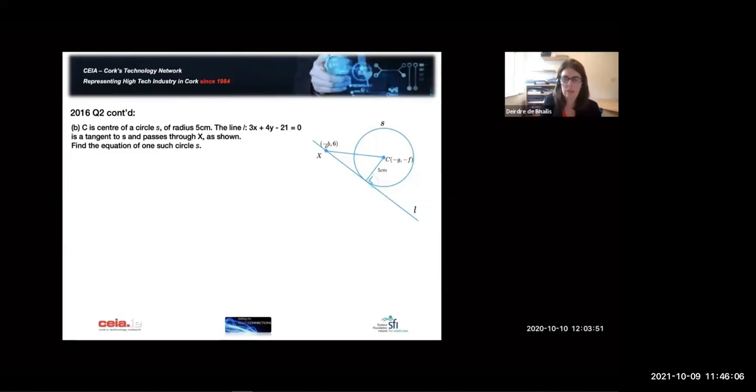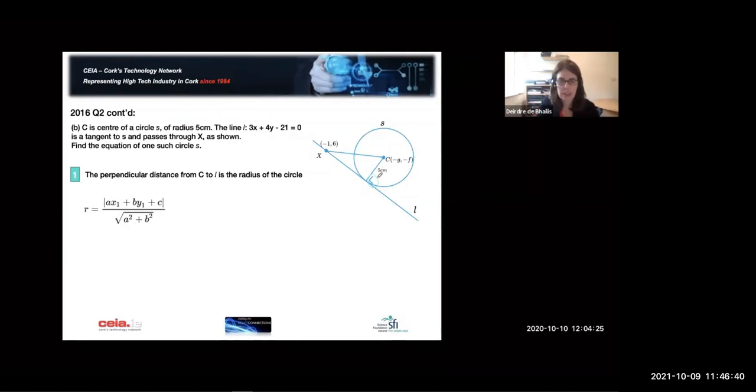We know this equation, we know this point, and if we're looking for the circle, we obviously need to find C. So again, it's that perpendicular distance formula, because we know the distance of the radius here, 5, and we know the equation of this line. So we need to find some way to find g and f using that formula. That's the route we're going to head down first.